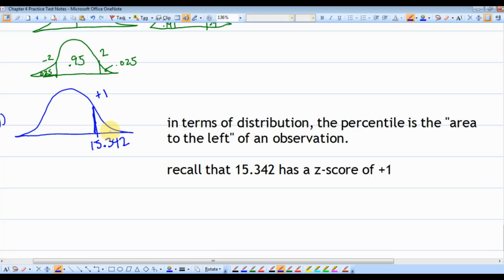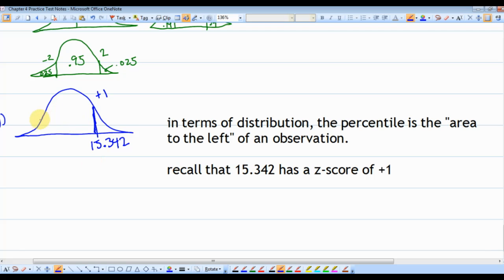I'm just a little confused on the observation. It's just observation minus the mean over the standard deviation. No, the observation is 15.342. Would it always be that? No, that depends on what the z-score is.